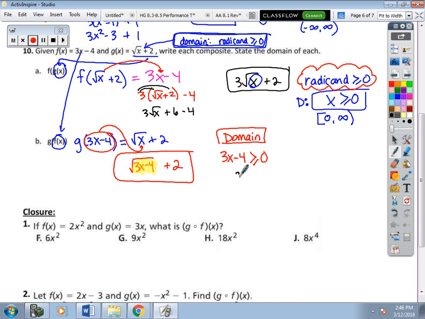We'll add 4 to both sides, divide by 3. So x has to be greater than or equal to 4/3. This is one way you can write your domain, or you could do bracket 4/3 or 1 1/3, comma, infinity. This is your lower bound, which it can touch because of the equal bar, and that's your upper bound, which is infinity.